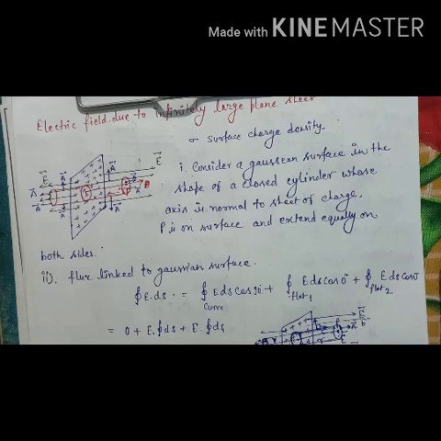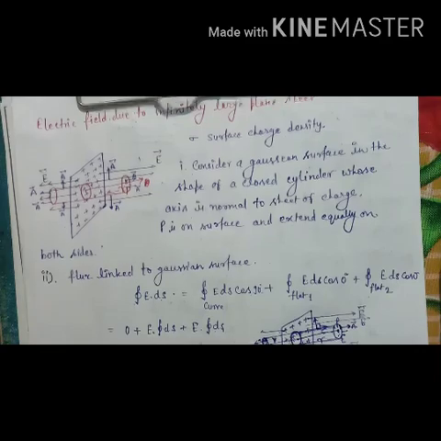So for a continuous charge distribution, the electric field does not depend upon r. So that is the formula for us.